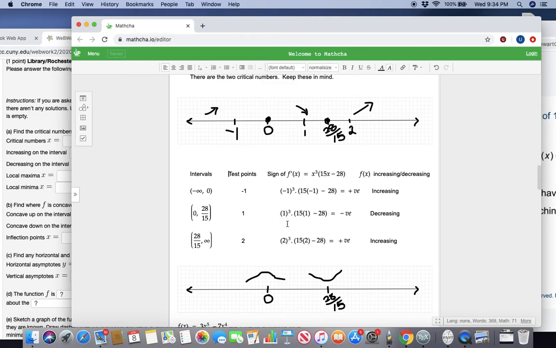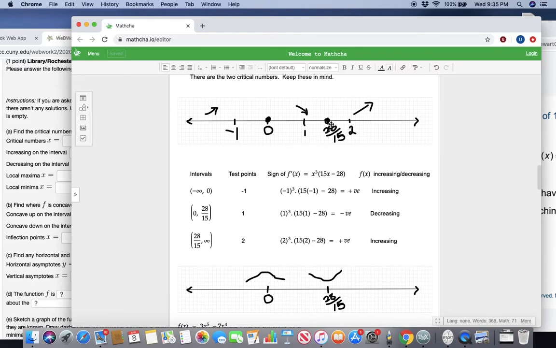So that's a positive. This is 15 minus 28. I don't care what the value is, but it's a negative. In other words, my function is decreasing on this interval, hence the arrow going down.